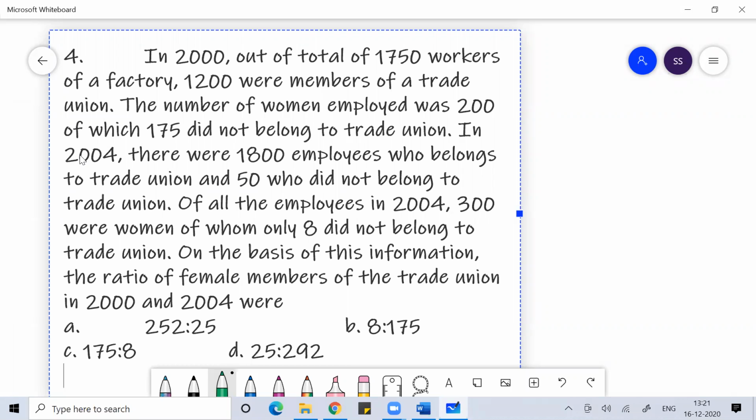The answer for this is 25 is to 292. That is the answer. Pavitra, correct answer.